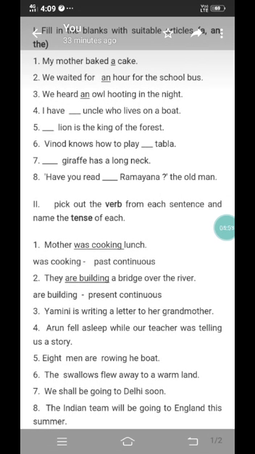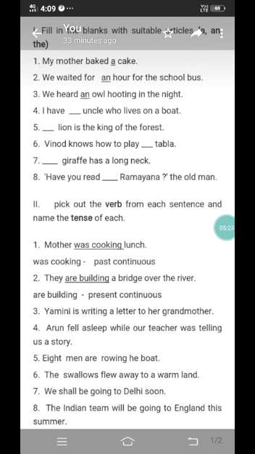So today you need to identify the verbs and you need to write down the tense of that particular verb, what kind of tense it is, whether it is a simple past, simple present, simple future, or present continuous, or past continuous, or future continuous, whatever it is. Few I have done for you.